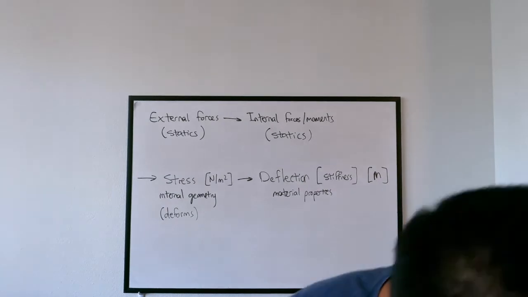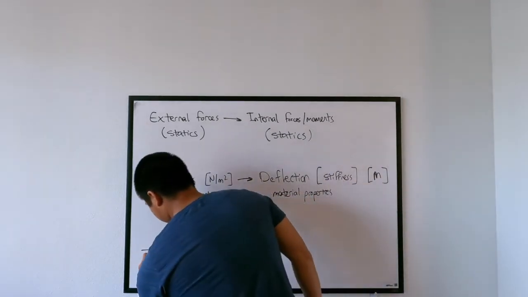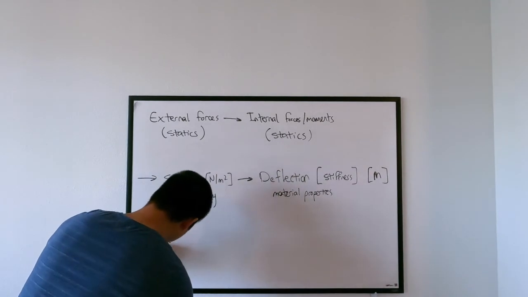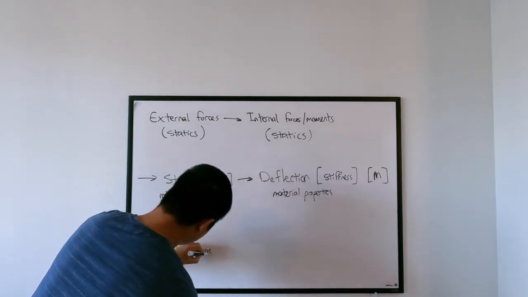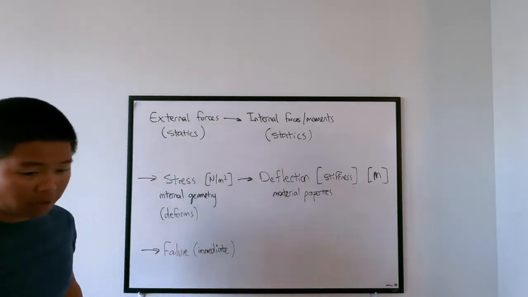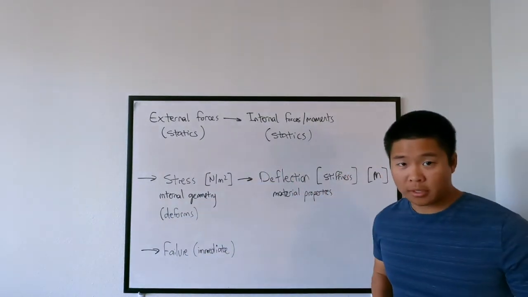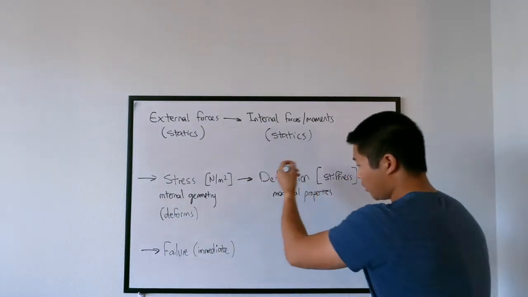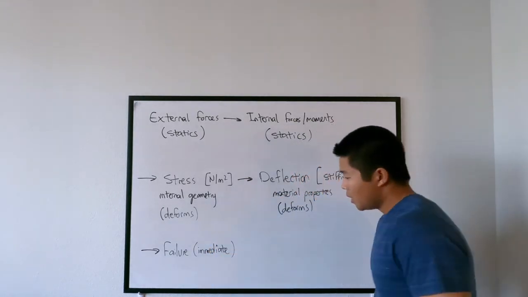So, after deflection, we look for failure, and this is what we call immediate failure. Immediate failure has to do with our loading conditions. By the way, deflection is still deforms, we'll be covering that in this class.